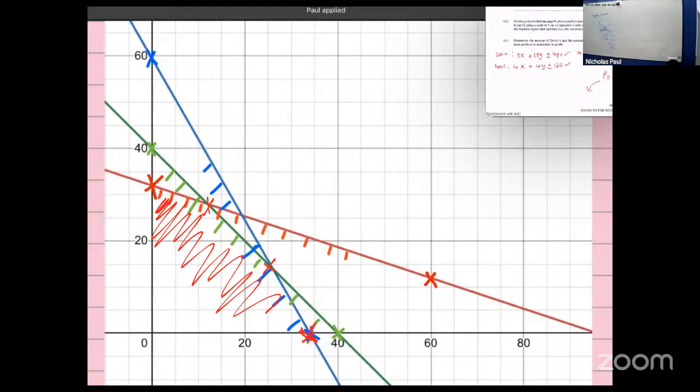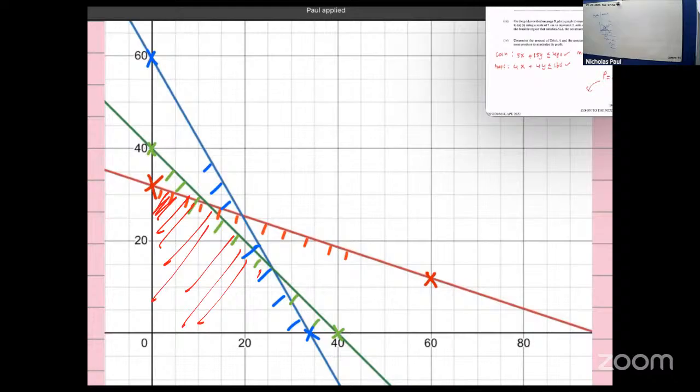Right? So your shaded region, and let's do it also so you will see. Your common region is here. And of course, you're going to need your vertices. The vertices of that common region will be here, here, here, and here.